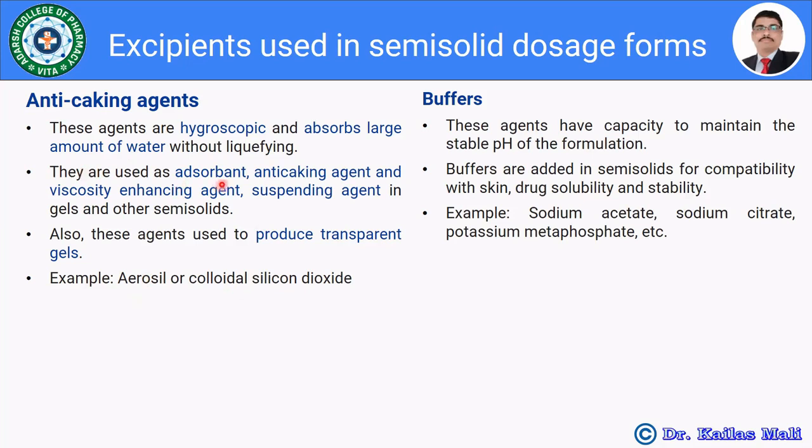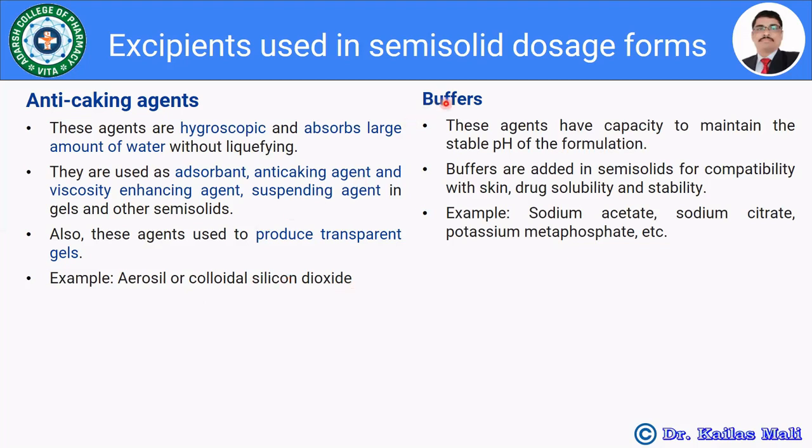They are used as an adsorbent, anti-caking agent, and viscosity enhancing agent or suspending agent in gels or other semi-solids. And they form or produce a transparent gel. That is Aerosil, or colloidal silicon dioxide.